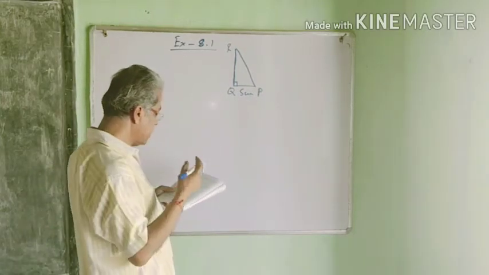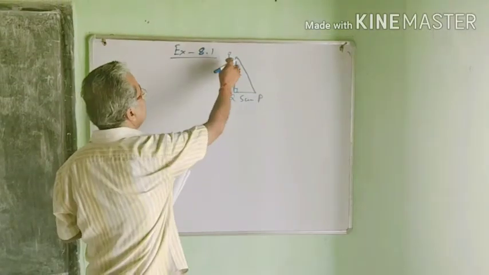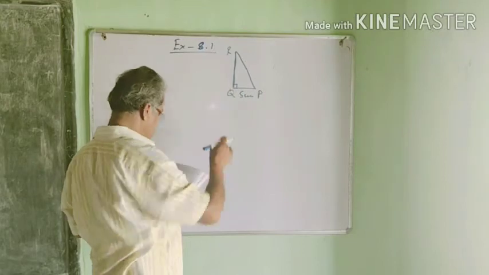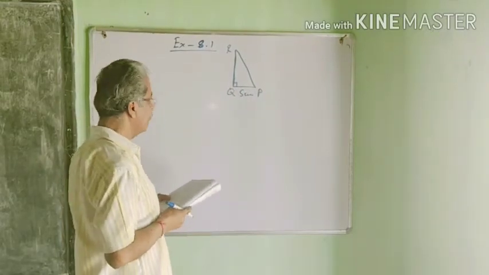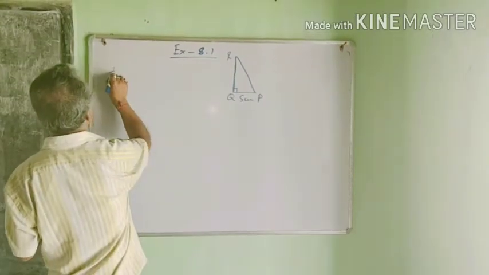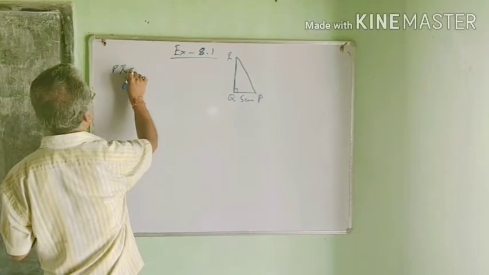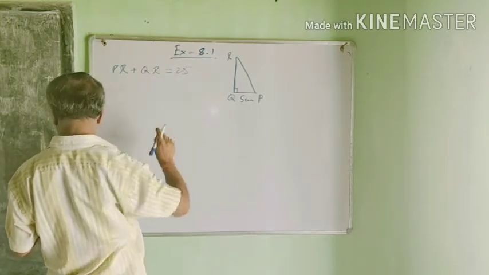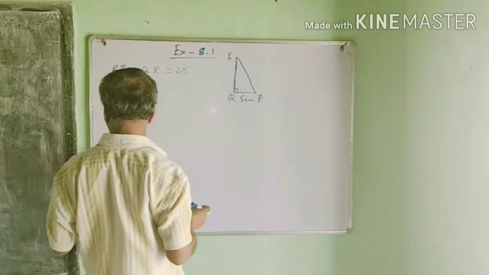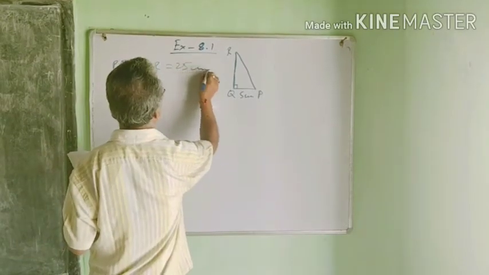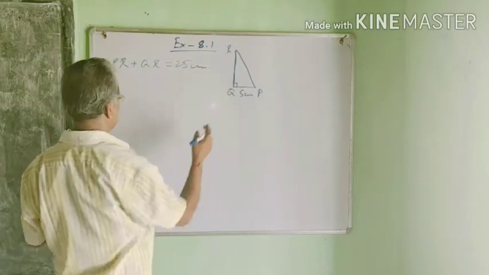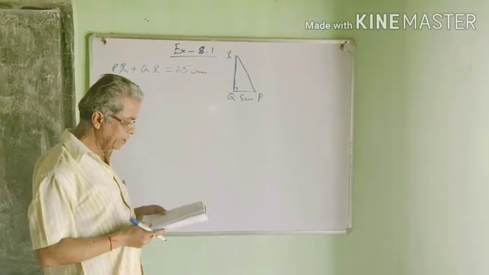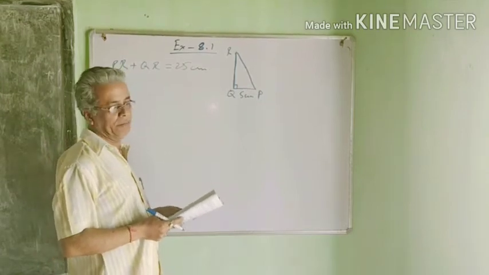And also PR plus QR, the sum of these two, is 25 centimeter. PQ is 5 centimeter. Determine the values of sin P, cos P and tan P.